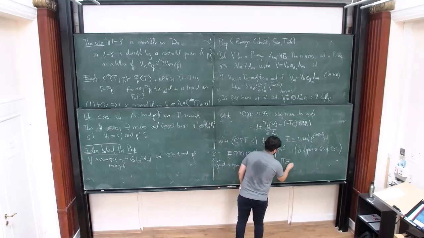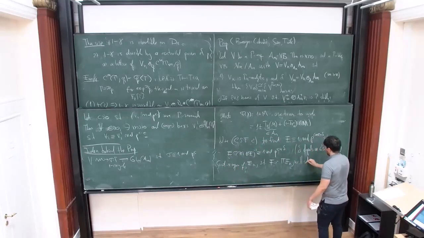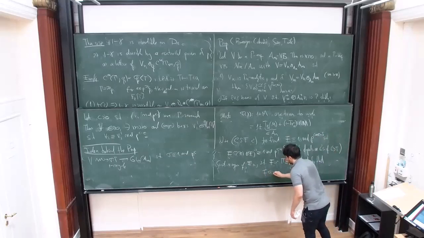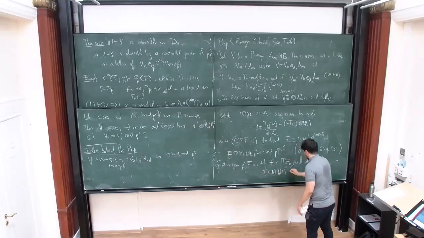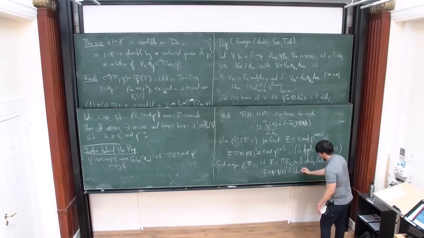Guys, in order to satisfy this thing, if you look at it, it looks like it takes values in AN, but it could be taking values in the matrix range, right?